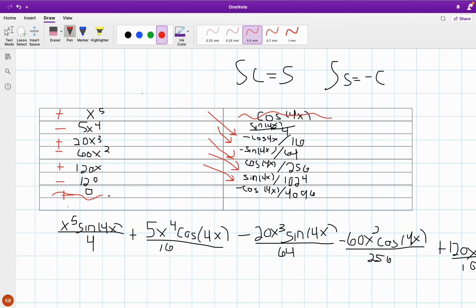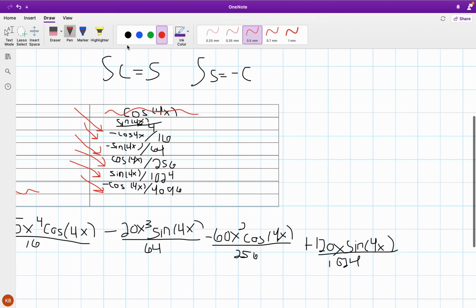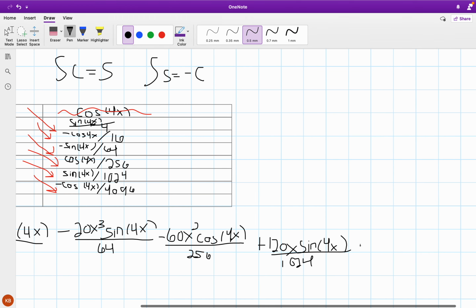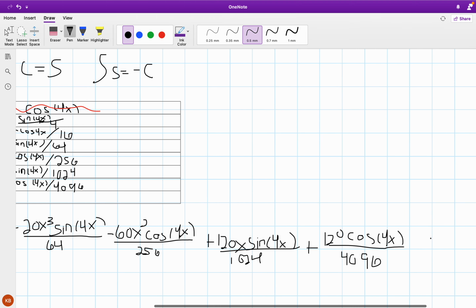Like I said, the 0 isn't going to be used, but we do go diagonal, so it's going to put these two together. It's a negative and a negative, which makes it plus again. Plus 120 times cosine of 4x over 4096, plus C. And that is our final answer.